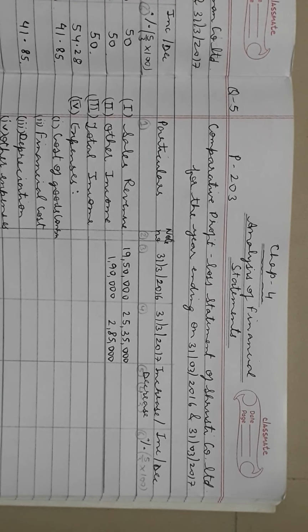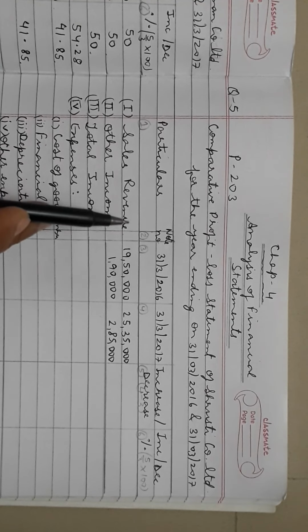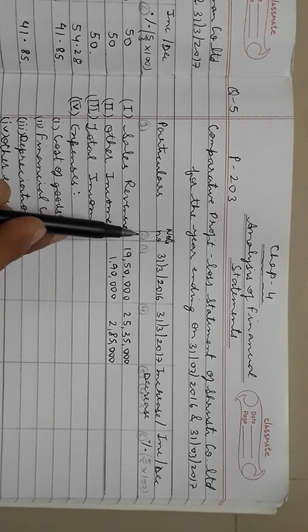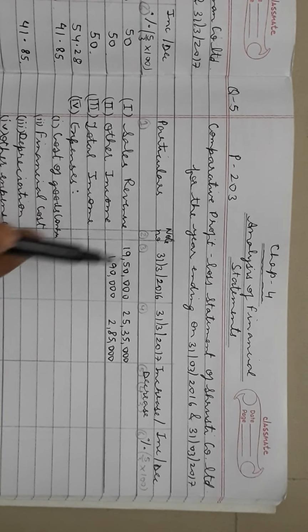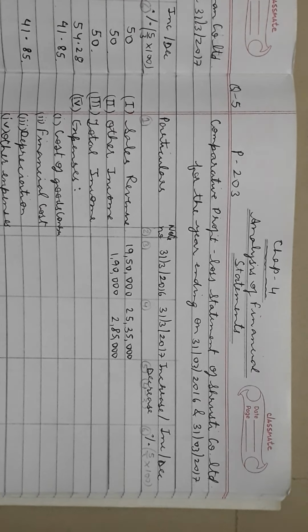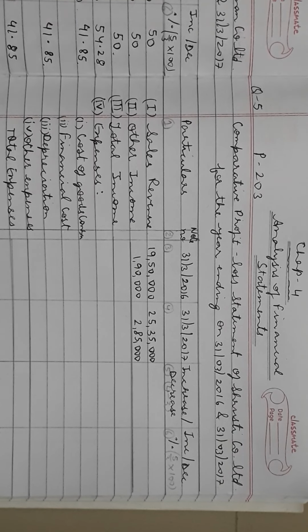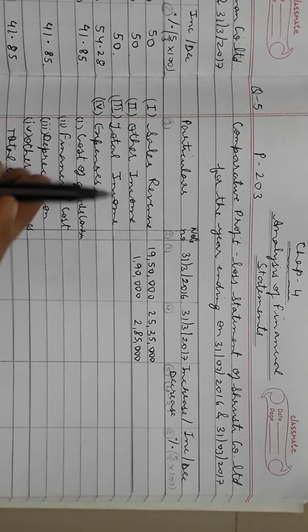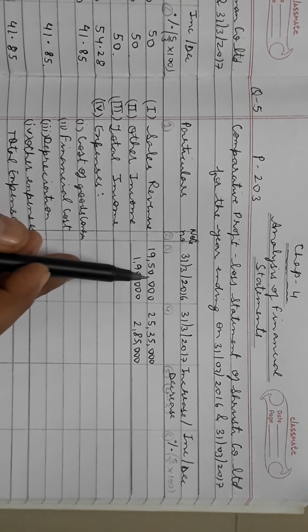Now, the structure we have already learned. Particulars, note number, that is the second column, nothing is to be mentioned in that. 2016, here sales revenue is given for 2016.